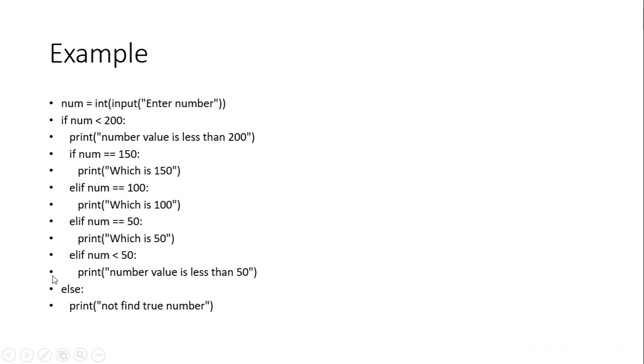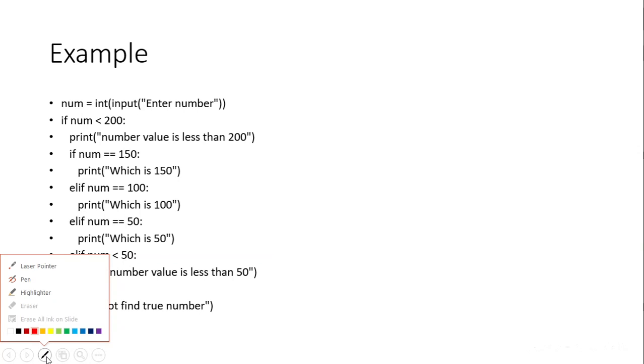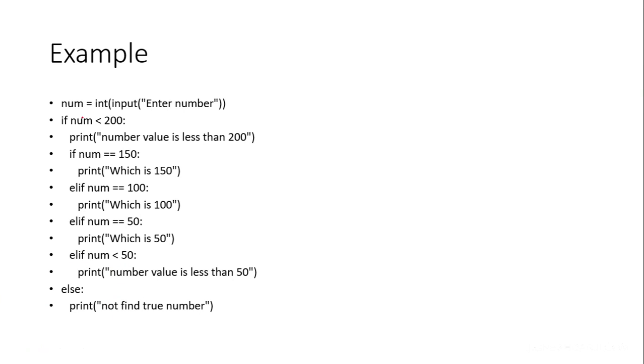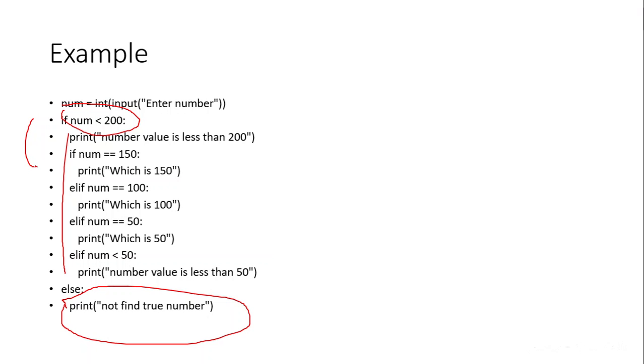Here we can check, if the number is less than 200, then it executes this particular block, and if the number is greater than 200, then it executes the else block. So if I enter 2 or anything less than 200, then it goes to this block, checks that, and prints that the number value is less than 200.